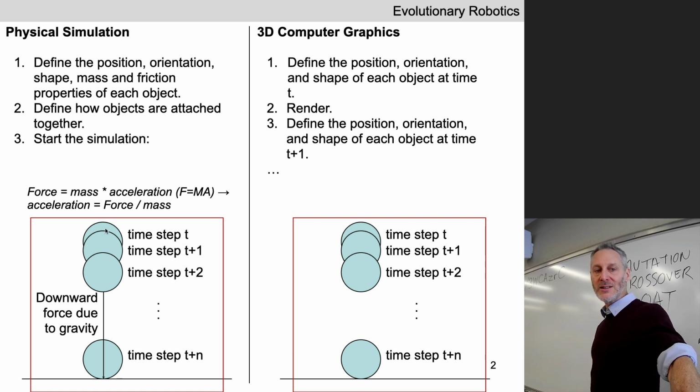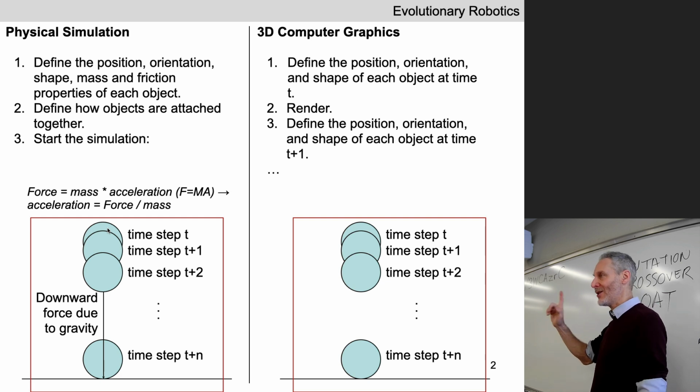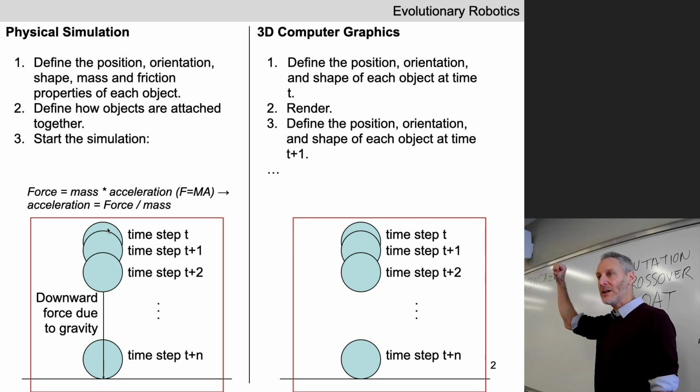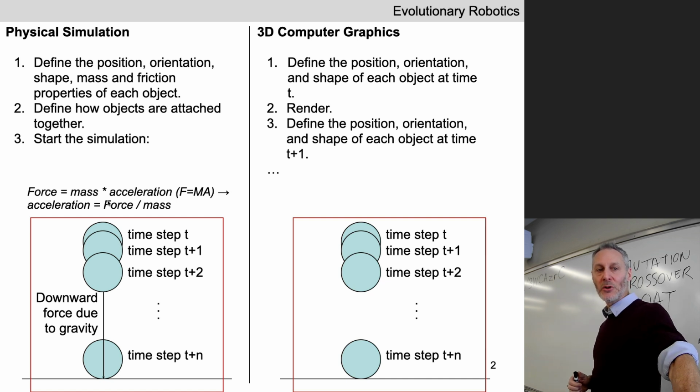If you have placed an object at this height above the ground, the physics engine knows that it's got to apply a particular force to this object, which is the force of gravity, right? So there is one and only one force acting on this one and only one object in this very simple simulation we've created, which is the force of gravity.